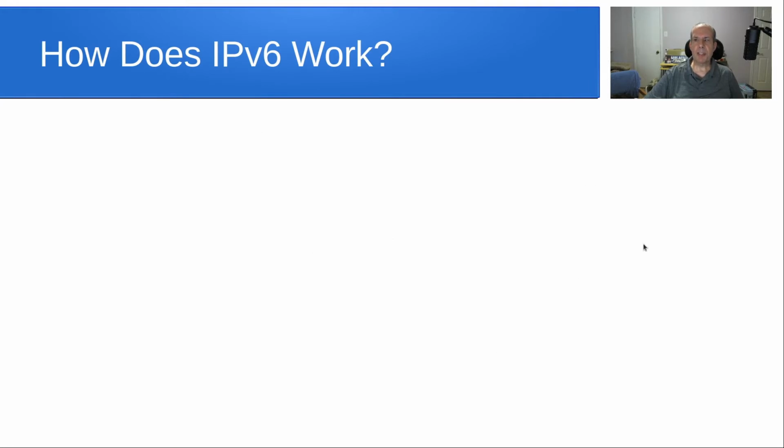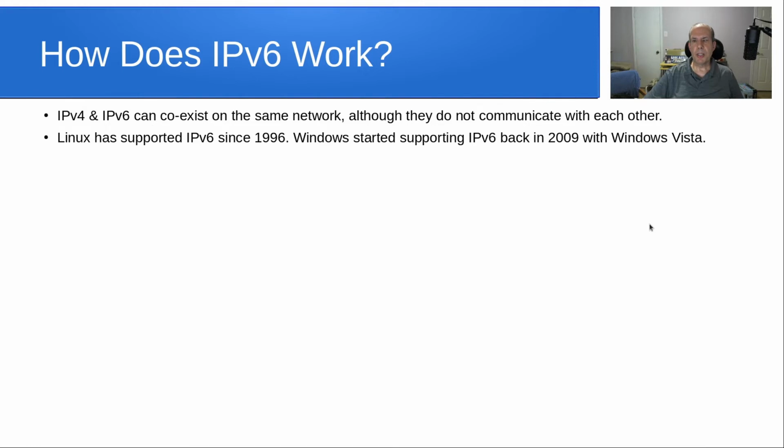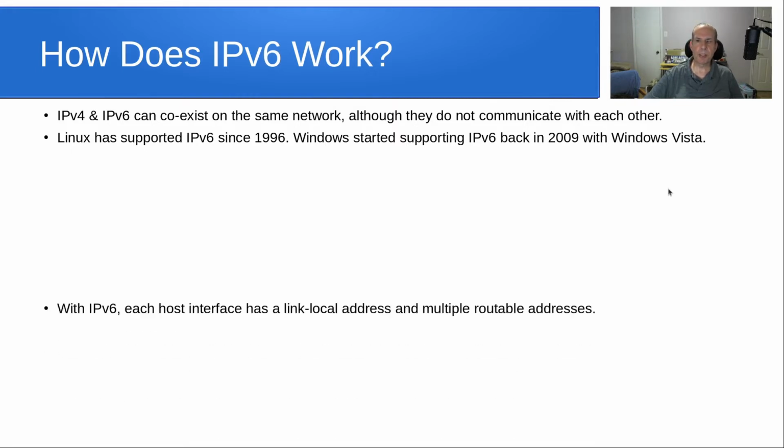How does IPv6 work? Well, IPv4 and IPv6, as I already mentioned, can coexist on the same network, although they don't communicate with each other. They're unique languages. Linux has supported IPv6 since 1996, and Windows started supporting IPv6 back in 2009 with Windows Vista.